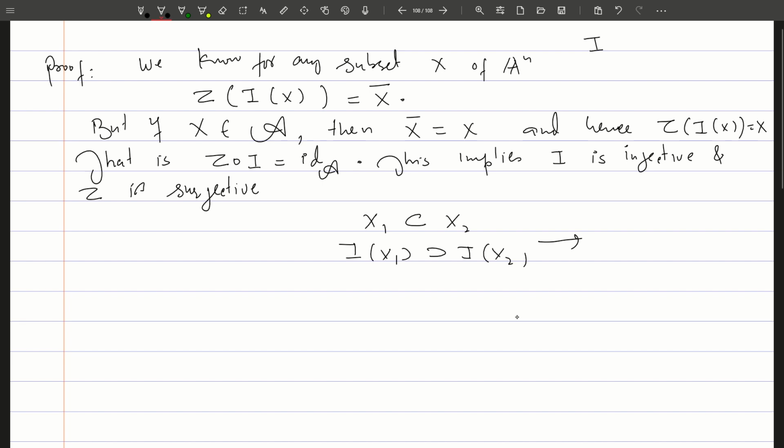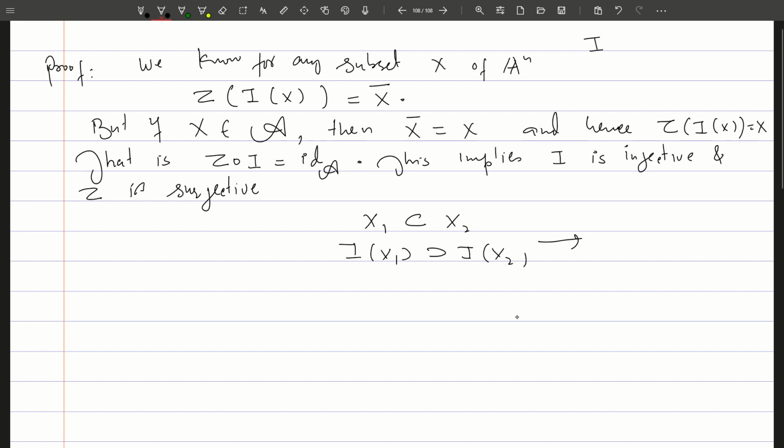Now, since the points in the affine space are the smallest algebraic sets, they should correspond to the maximal ideals, because the single point sets in the affine space are the smallest algebraic sets. So their associated ideals must be in some sense the largest ideals.